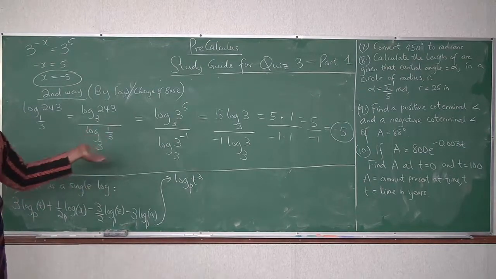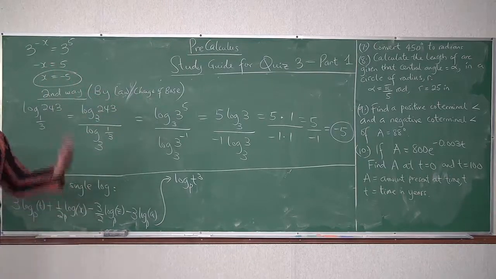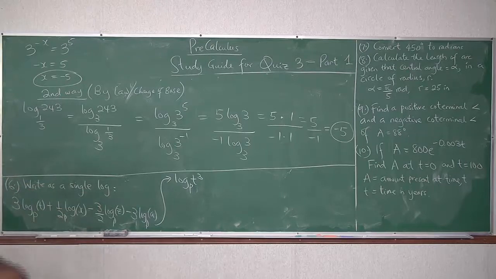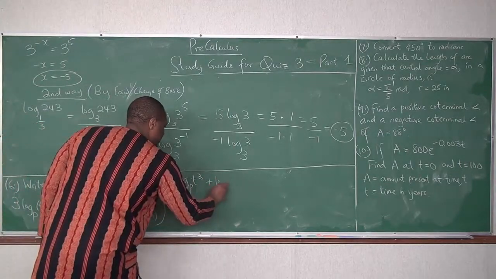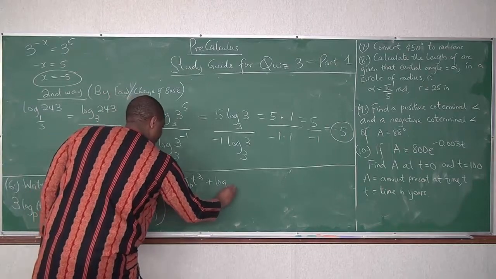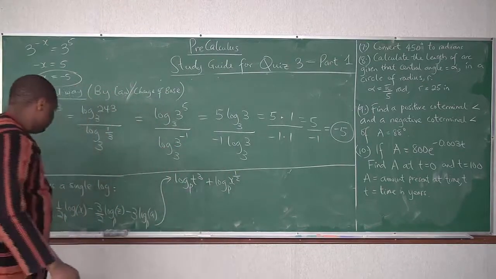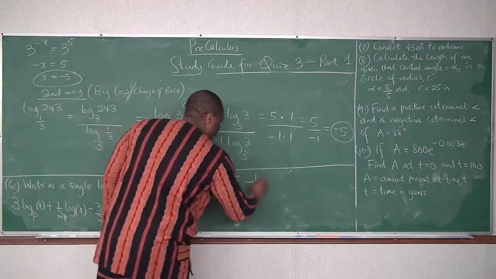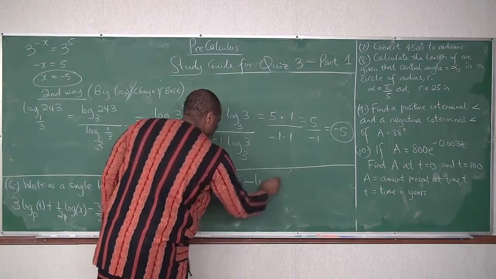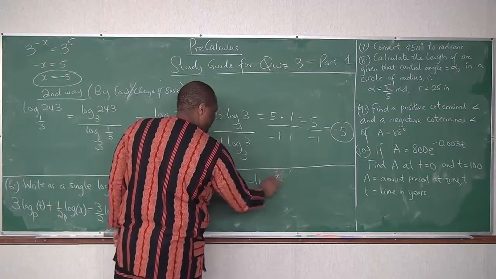I've done videos on this in the playlist on logarithms. Then plus log base p of x raised to power 1 over 2, minus log base p of z raised to exponent 3 over 2.